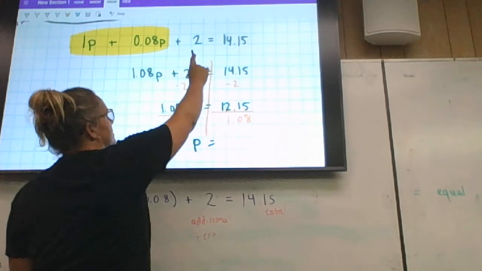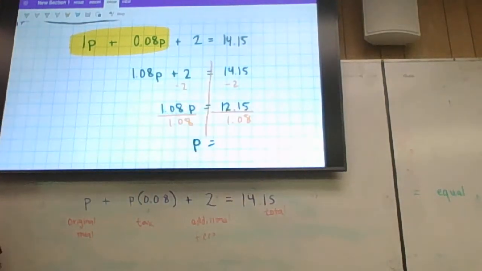So I subtracted. Did anybody else in there get 11.25? All right, backed up by several people. All right.